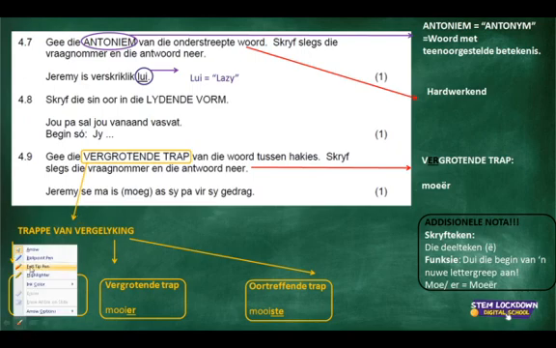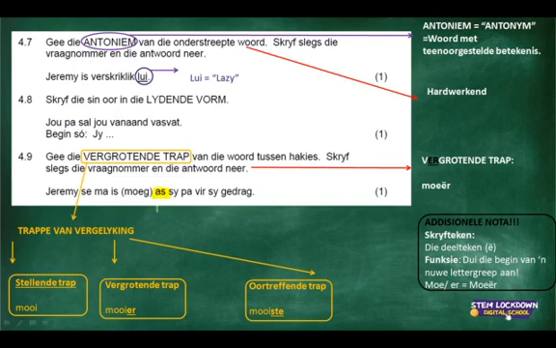So if we look at the sentence, Jeremy se ma is moeg as sy pa vir sy gedrag. Jeremy's mother is more tired than his dad for his behavior. That word as also indicates to us that they are looking for the second degree. The word as will stand somewhere after the word in brackets.